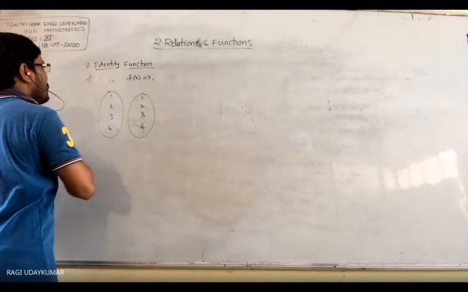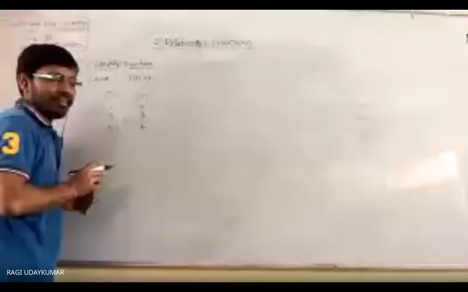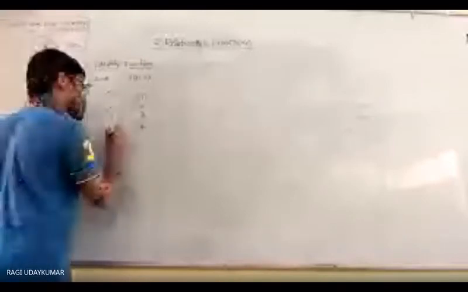Normally it is represented for real numbers, so real numbers to real numbers, with the mapping 1 to 1, 2 to 2, 3 to 3. This one is called the identity.